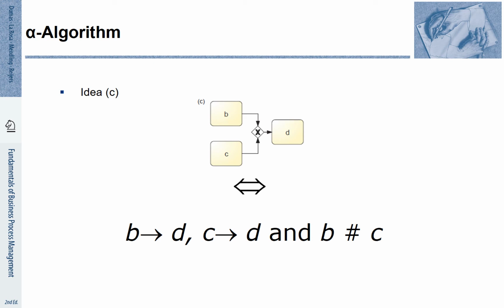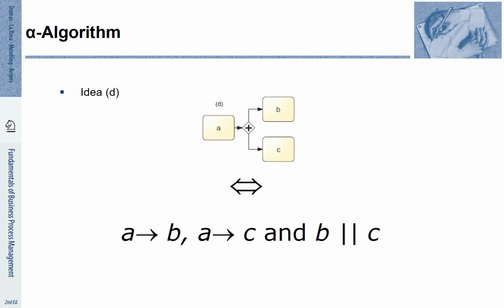Correspondingly, if there is an XOR join, it would be a pattern that B causally leads to D, C causally leads to D, and B and C being unrelated. It might also be the case that a triple of relationships is of the following kind: that A causally leads to B, A causally leads to C, and B and C are known to be parallel.